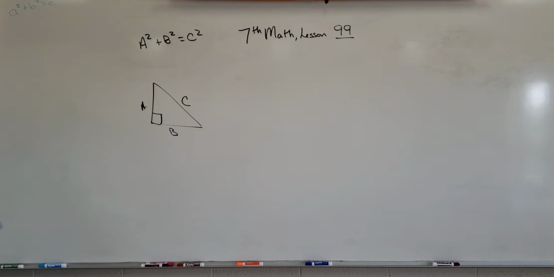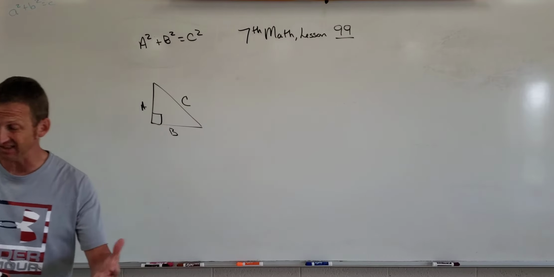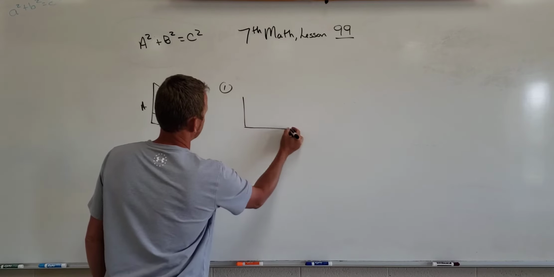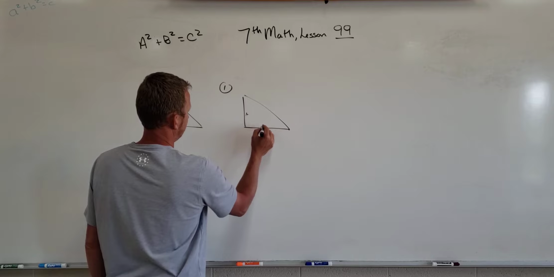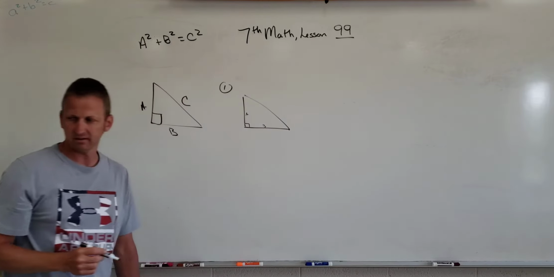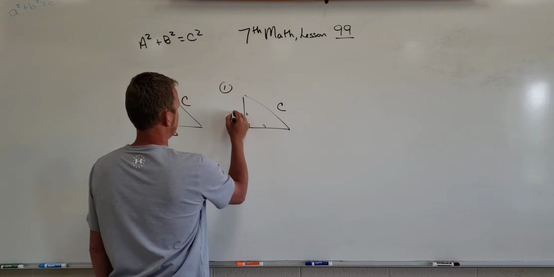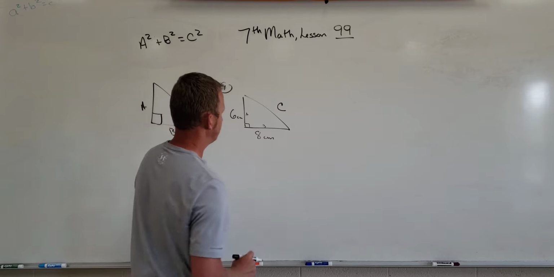For example 1, it says copy this triangle and then find the area of each square. Well, I'm not worried about that. I want you to find C. The biggest thing is we are finding C, or the missing side. So again, we have A and B. Those are our legs. And we are trying to find C. 6 centimeters and 8 centimeters.